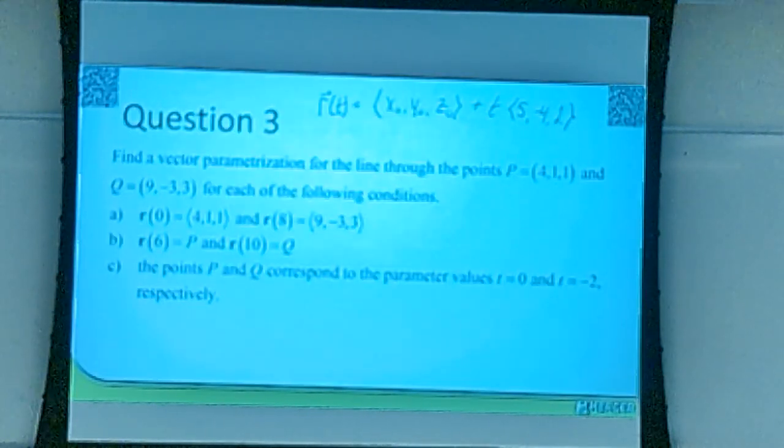Pick any point on the line. And in fact, that t can actually just be any function t.